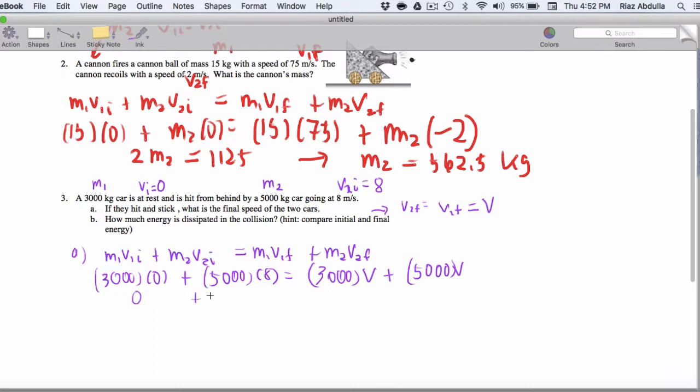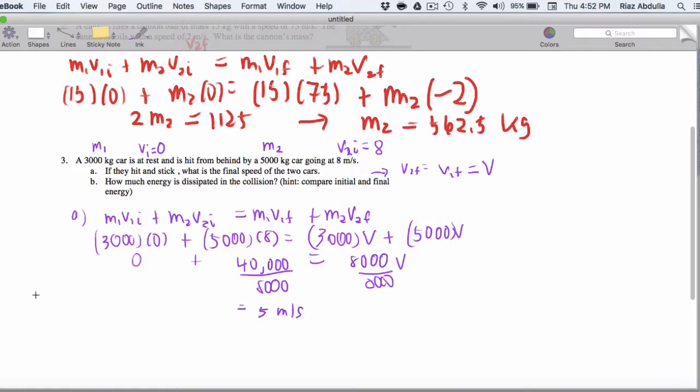This is 0. This is 40,000. This is 8,000 times V. We're going to divide both sides by 8,000. And so we end up getting 5 meters per second is the final speed.